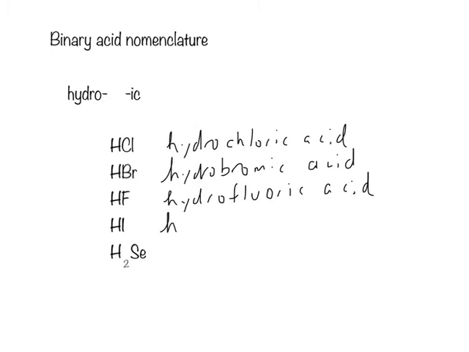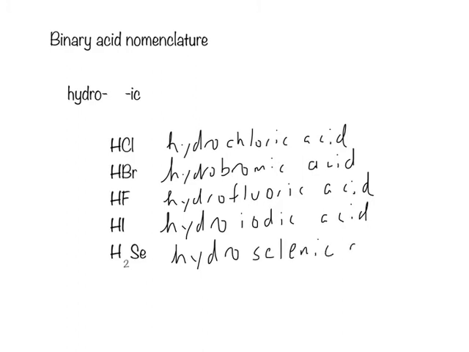HI, hydroiodic acid. And H2Se, this would be hydroselenic acid. So binaries are always hydro-ic acids.